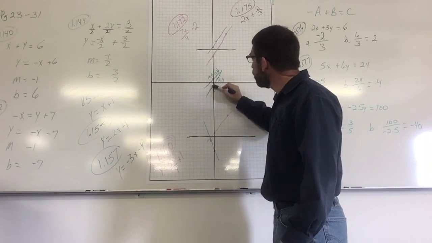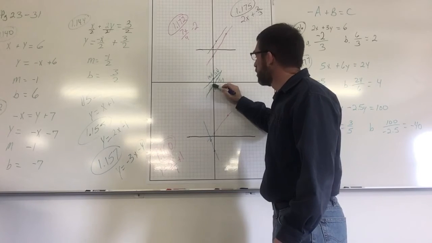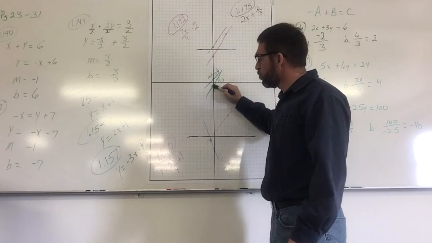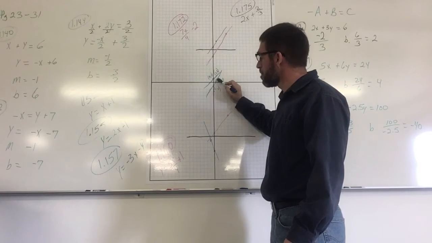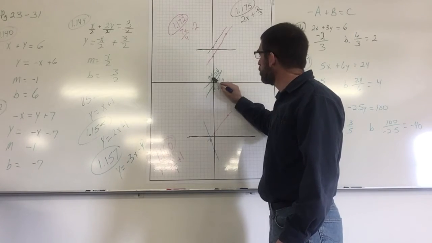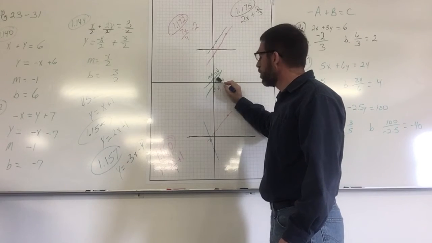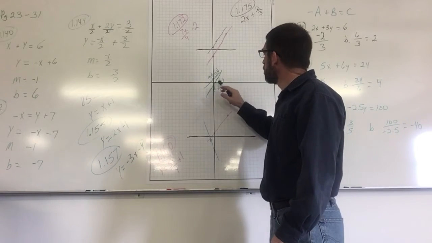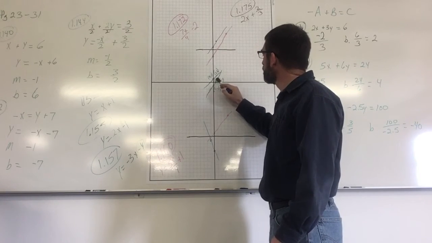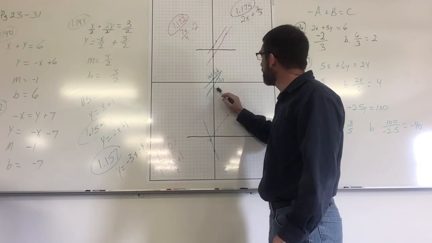You drop down 1, negative 1, and you start out there, and you go up 2 over 1. And that puts your point right here. So I have a 1, 1 where this dot is, and this is 0, negative 1 here.